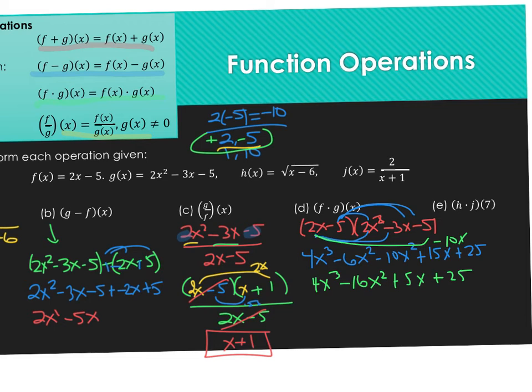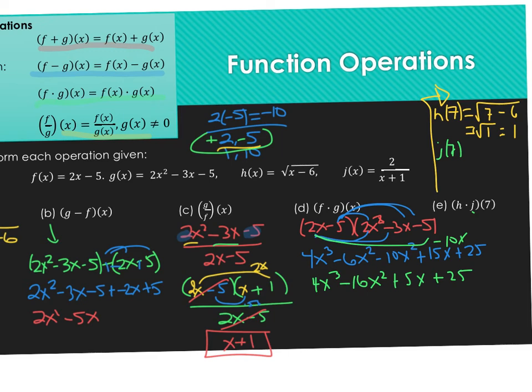And then if we look at E, it's probably easiest to do each of them. So my function h evaluated at 7 would be the square root of 7 minus 6, which is the square root of 1, which is 1. And then I would do j of 7.